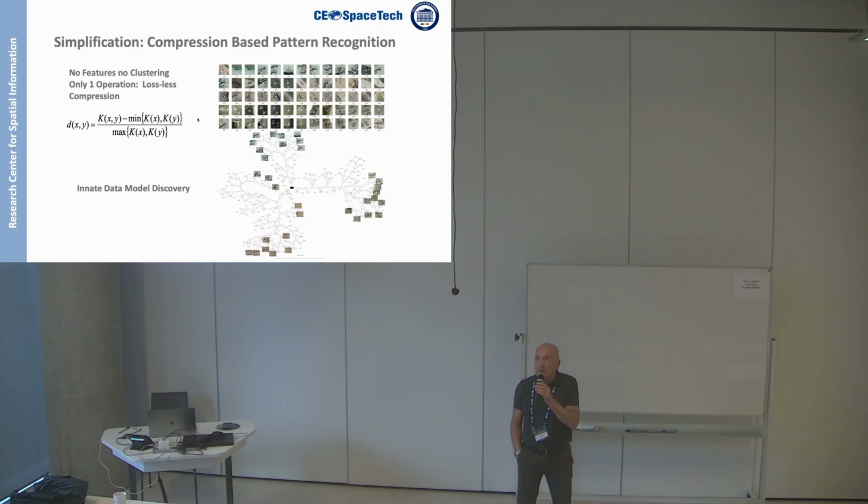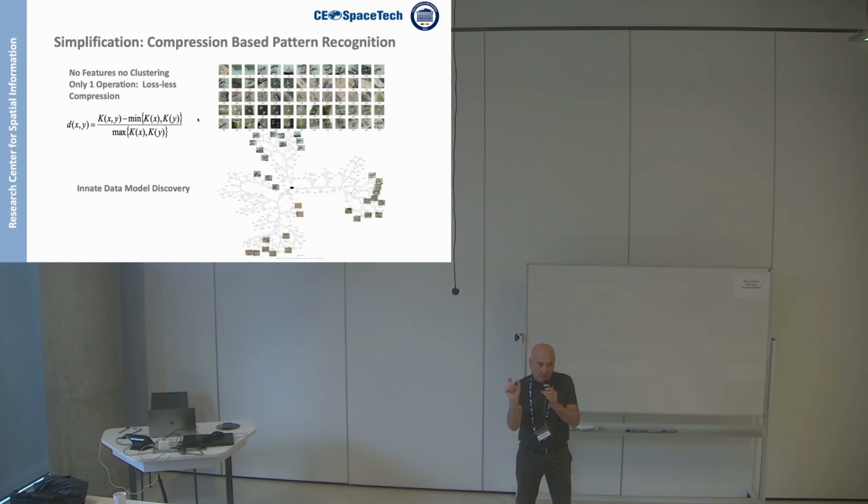The database with airplane images is classified using only one operation, data compression. So we take each of the images, we compress it with gzip, and we write down one number, the length of the compressed file.